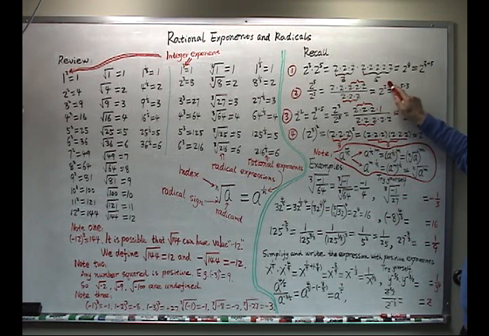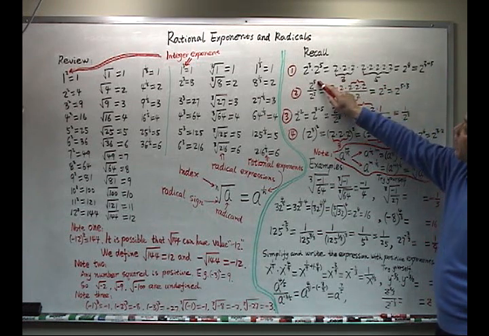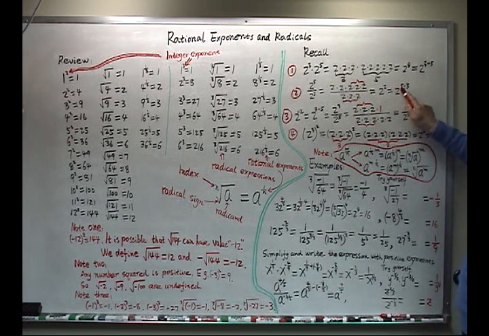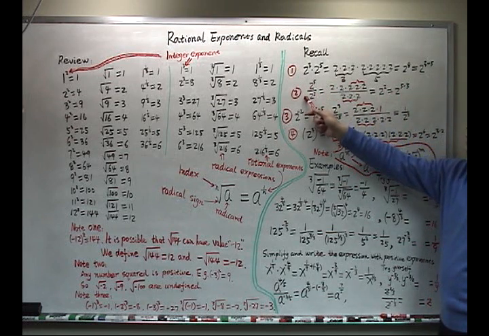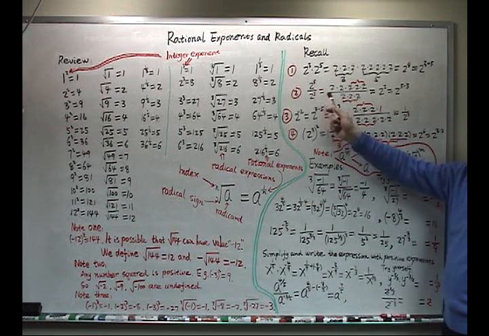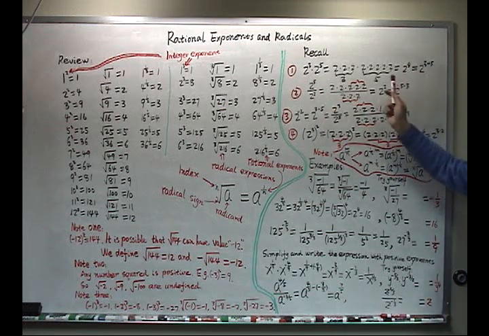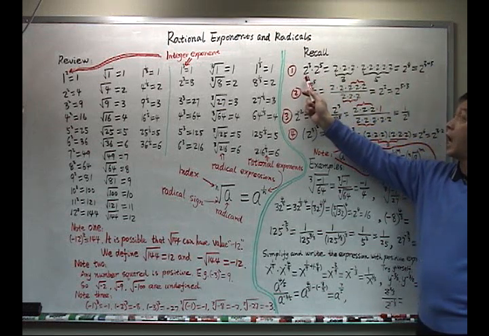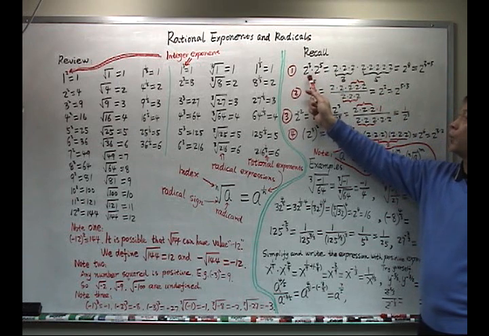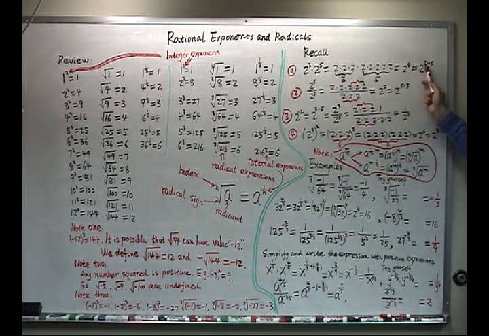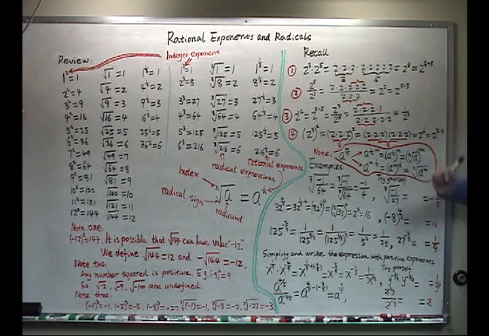This 2 is actually from 5 minus 3. So when you do the division, you want to subtract the exponents. When you do the multiplication, you want to add the exponents.